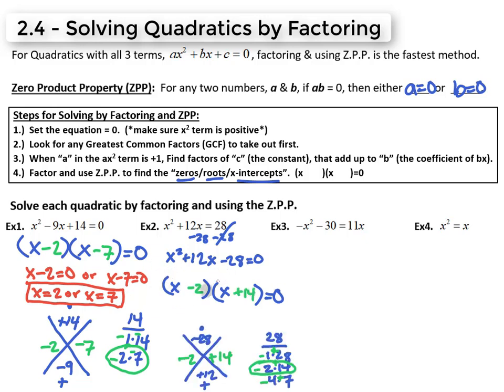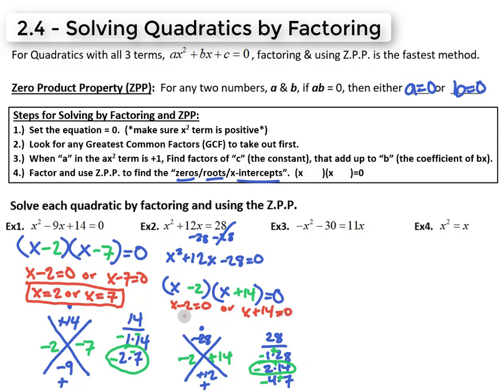All right, you should have come up with negative 2 and positive 14, so x minus 2 and x plus 14. So those are our two factors. And again, our zero product property says if these two things multiplied together equals 0, then either x minus 2 equals 0 or x plus 14 equals 0, but one of them has to equal 0.